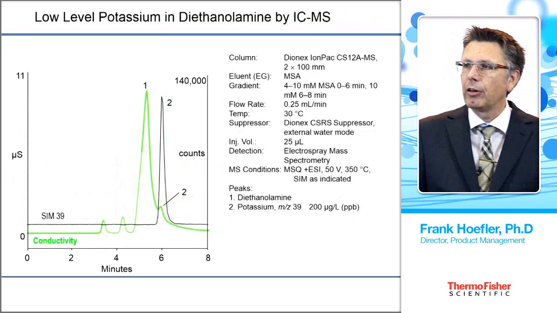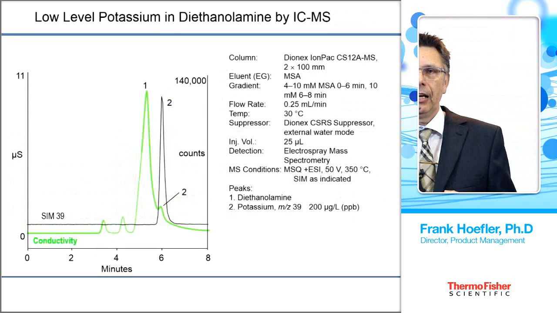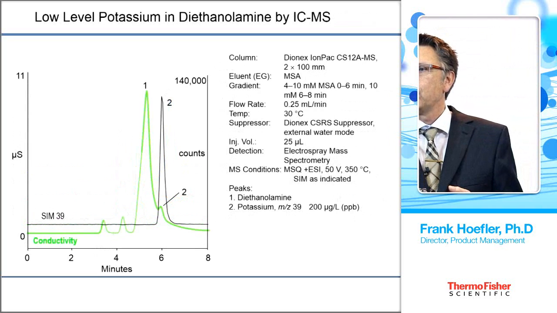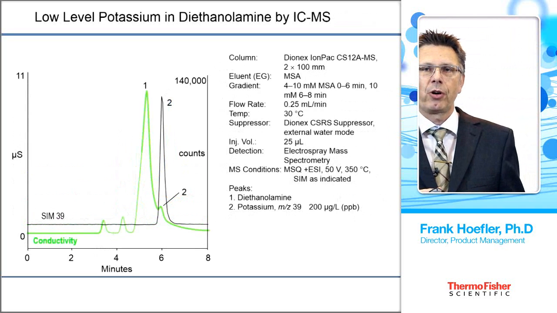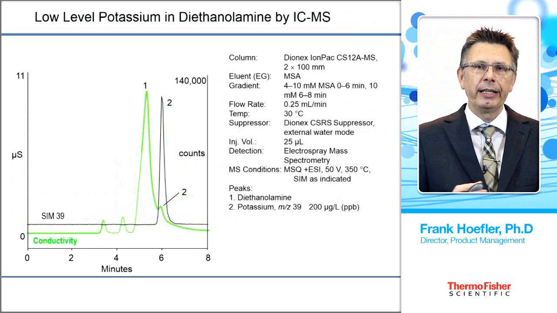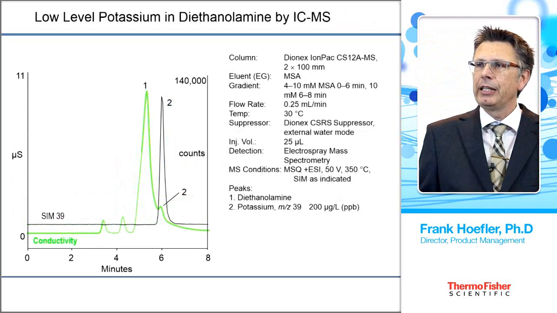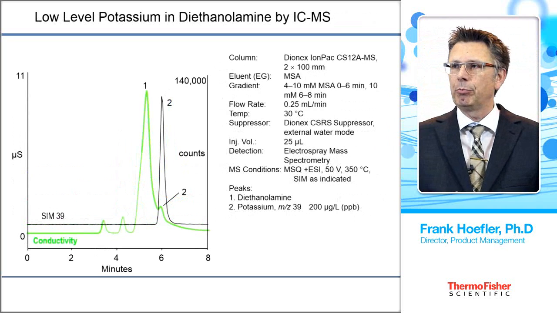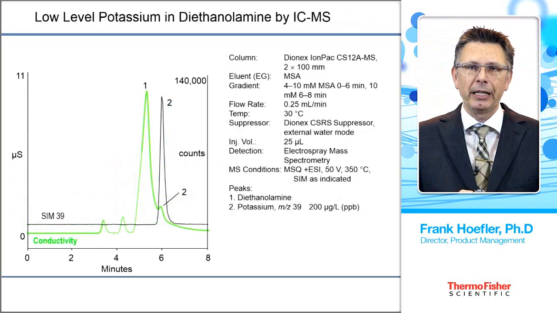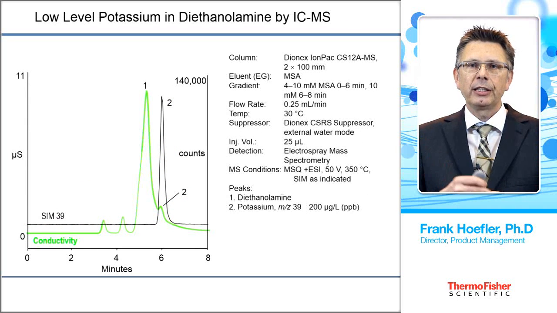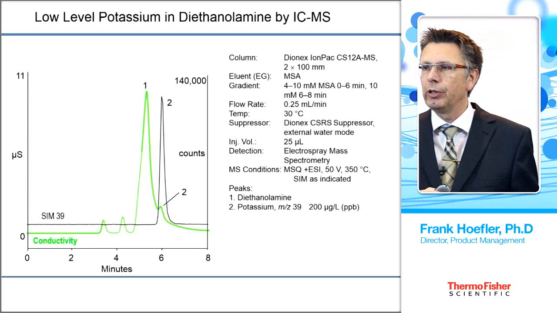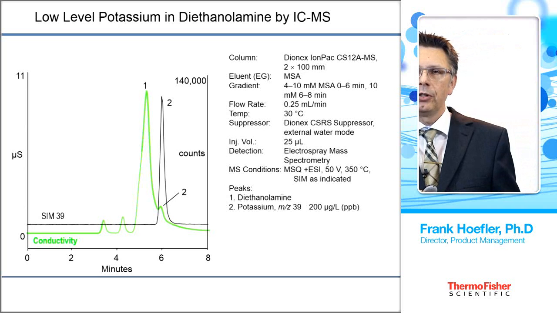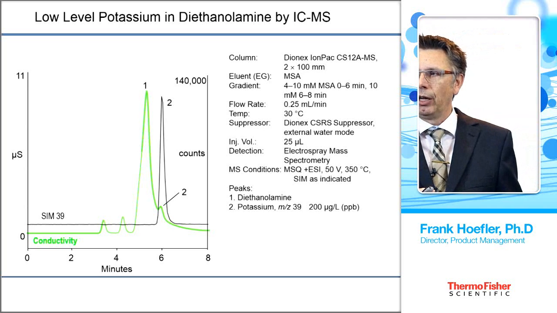Going forward, of course, low-level analysis is typically a problem, specifically in the presence of a major abundant ion. In this example of the determination of low-level potassium in the presence of diethanolamine, we really see the power of IC-MS. On the conductivity trace, shown here in green, we see that potassium is eluting as a tailing small peak on the tail of the diethanolamine.